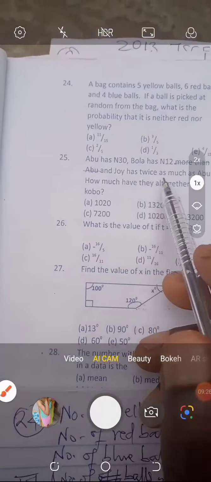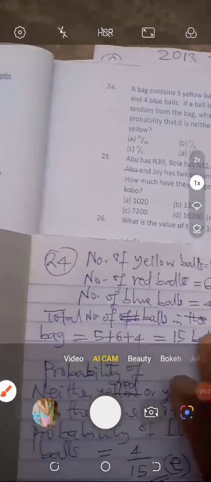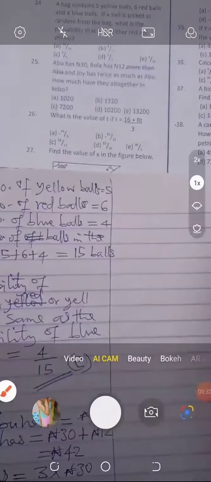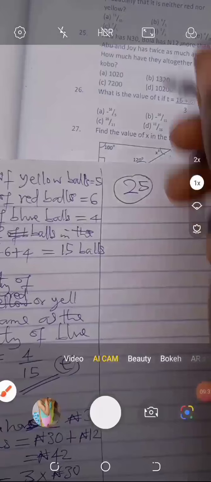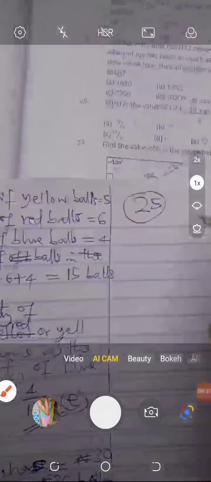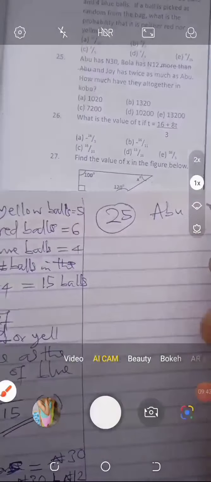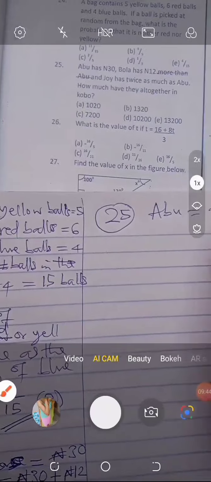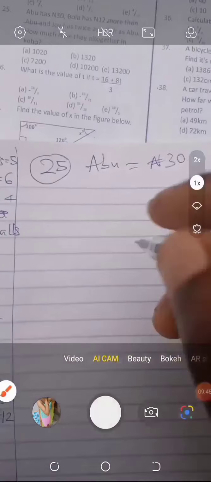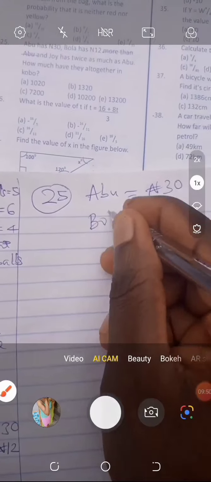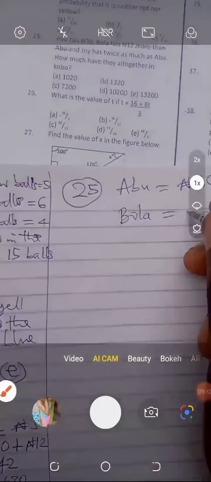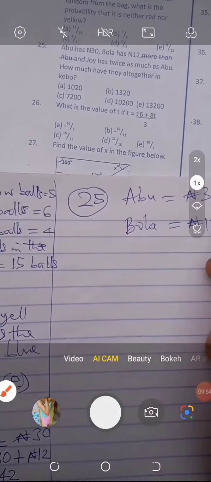Now, and Joy has thrice as much as Abu. So let's solve it with this now. So going to question number 25 again. From what they have here, Abu's share is equal to 30 naira. Then Bola has 12 naira.